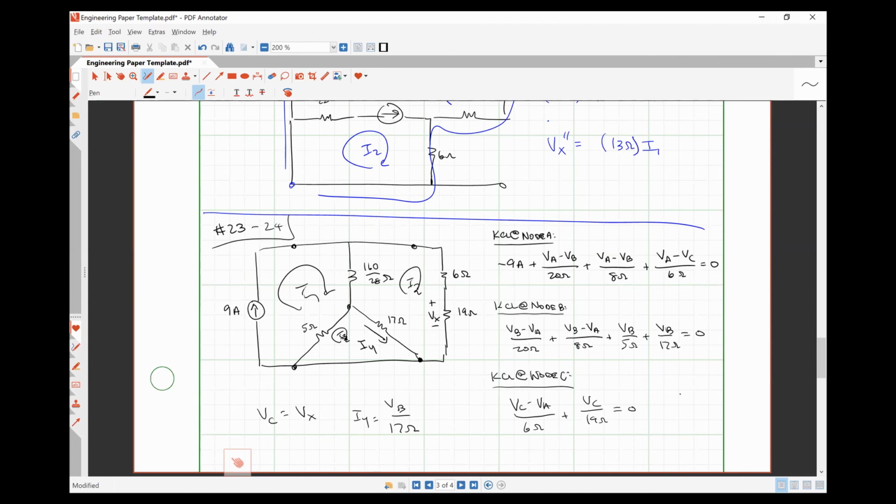My coefficients for VB are negative 1 over 20 plus negative 1 over 8. Okay, I see that. And my coefficient for VC is just negative 1 over 6.